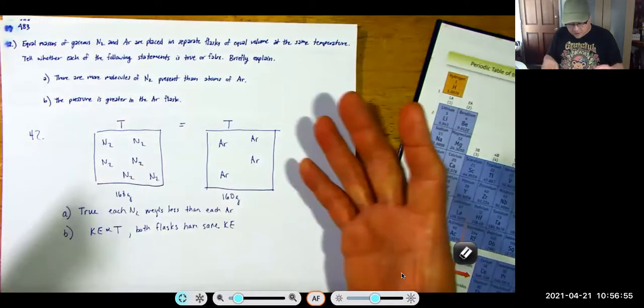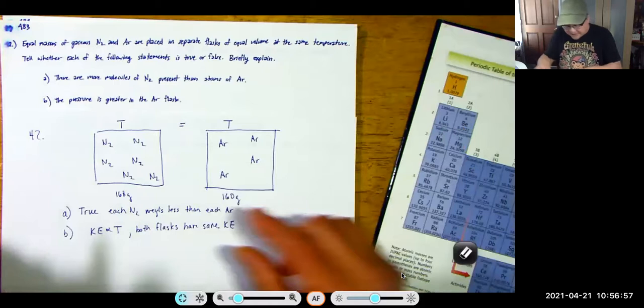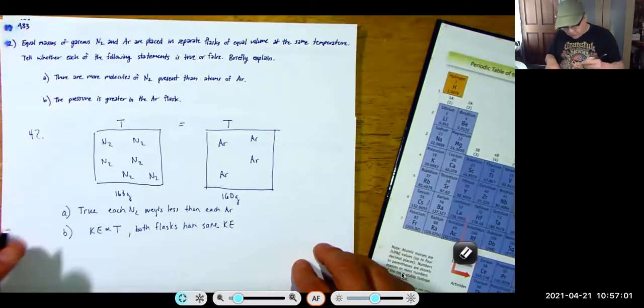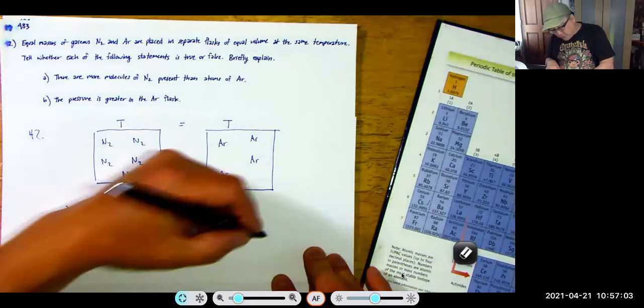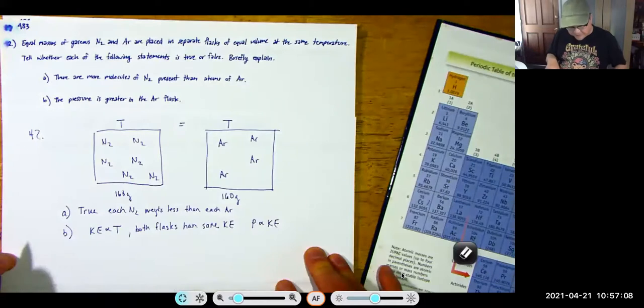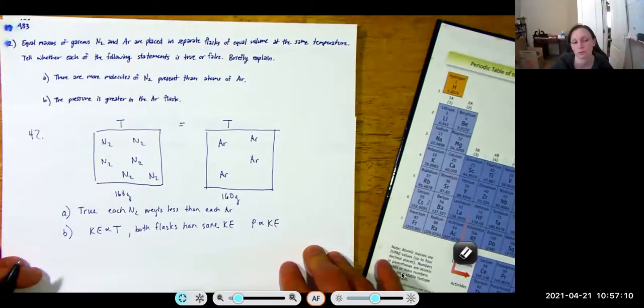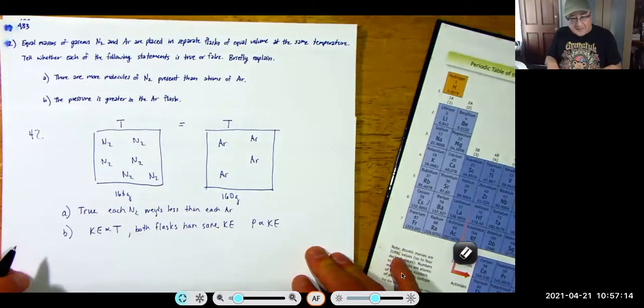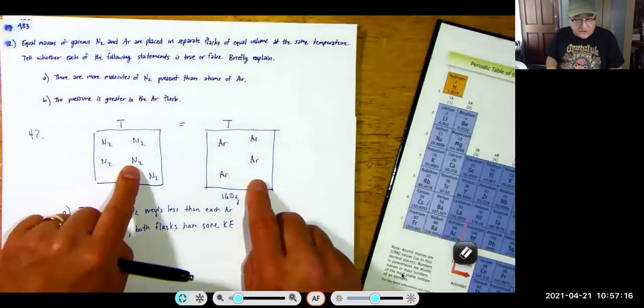Yeah. So this kinetic energy in this flask is equal to the kinetic energy in that flask. Okay, so it turns out that pressure is going to be proportional to that kinetic energy. So what can we say about the pressure of each? But there's more nitrogen, so isn't pressure higher? But what did we say about smaller ones?